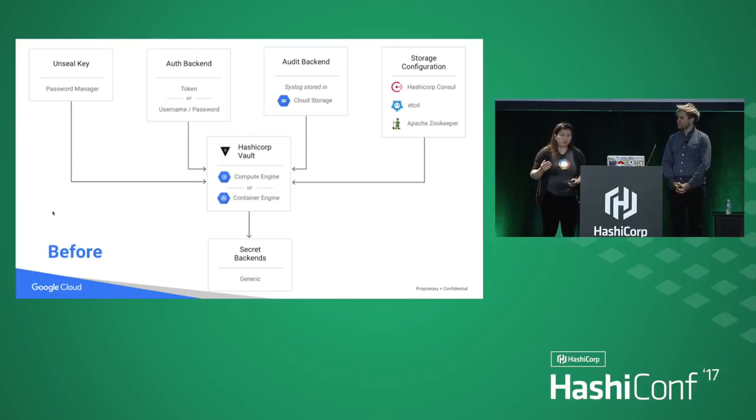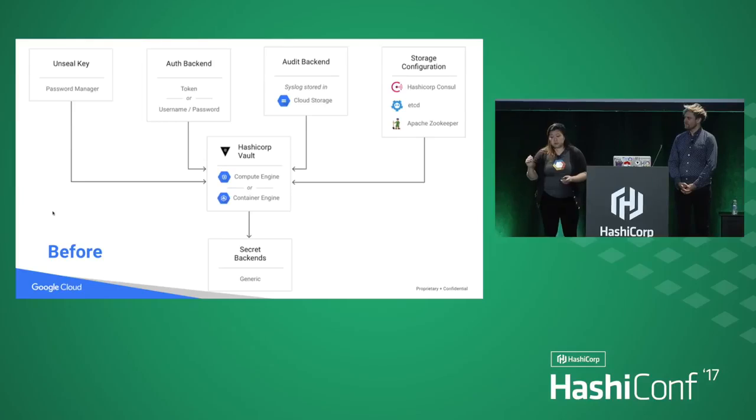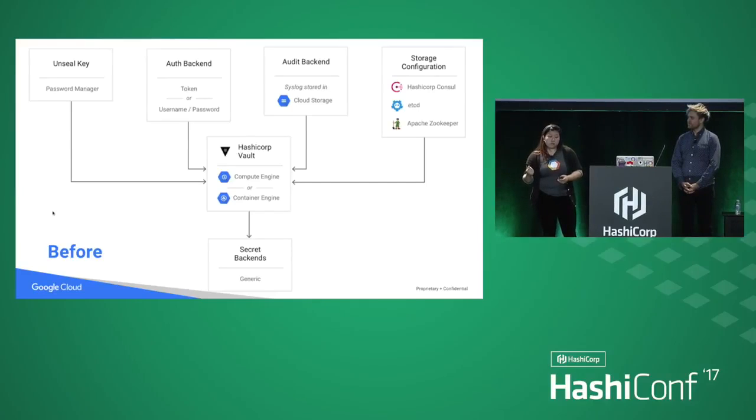Secret backends are essentially any sort of third-party way to generate secrets or store secrets. The most common one is just a generic one where you can store arbitrary secrets, and that's what most people are using. Another feature in Vault is a storage configuration backend.